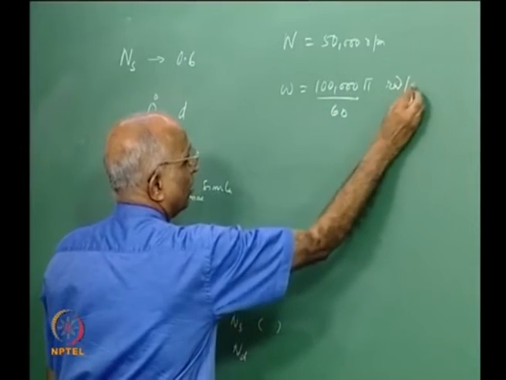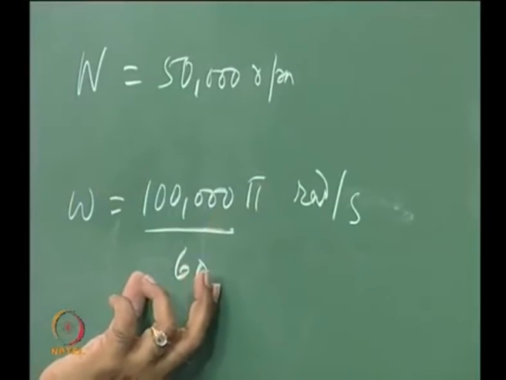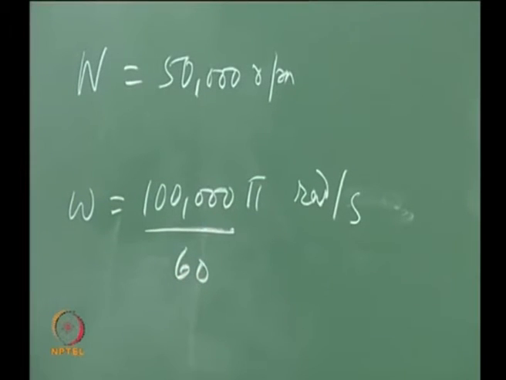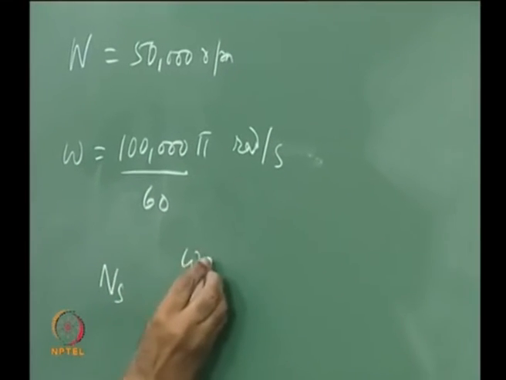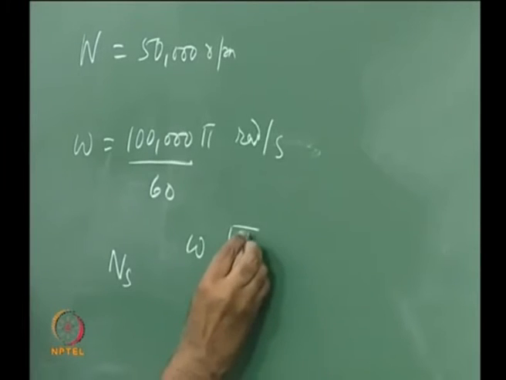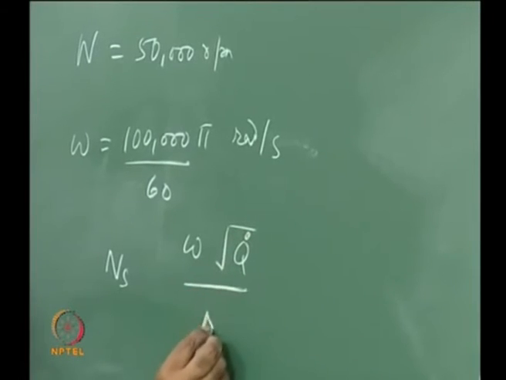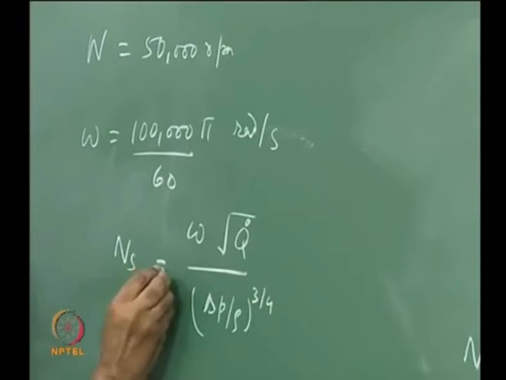And for this radians per second, how did I get the value of Ns? For that particular pump, I find out the flow rate, I find out the pressure head developed by it, and I get the value of Ns.